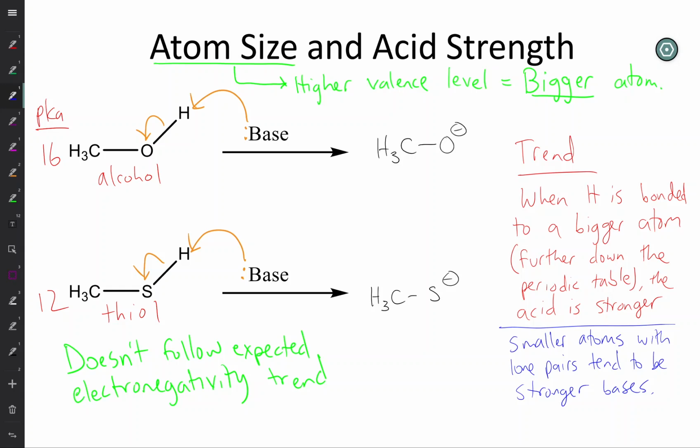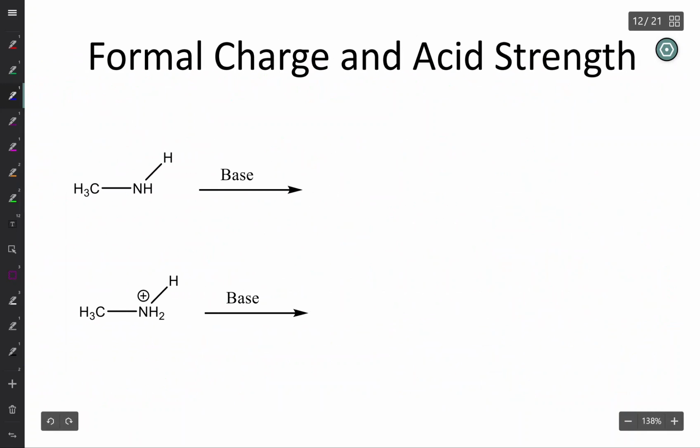On the front, you may notice we have a thing called an amine and a thing that we call a protonated amine. In both cases, hydrogen's bonded to nitrogen. But what's the difference between an amine and a protonated amine? Protonated amine has a positive charge, right?